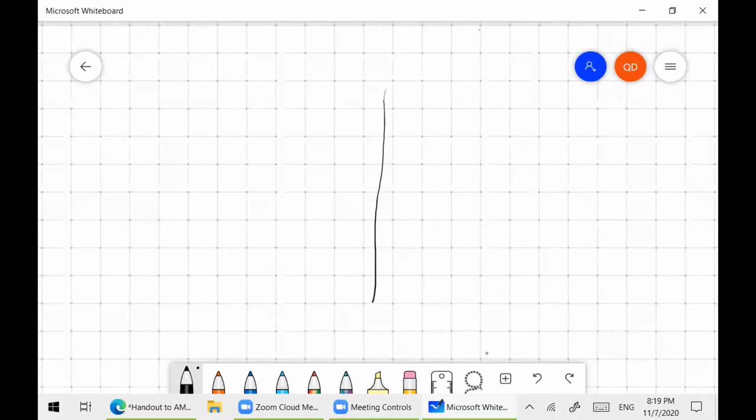So here's a diagram, and you should be able to spot similarities in it.